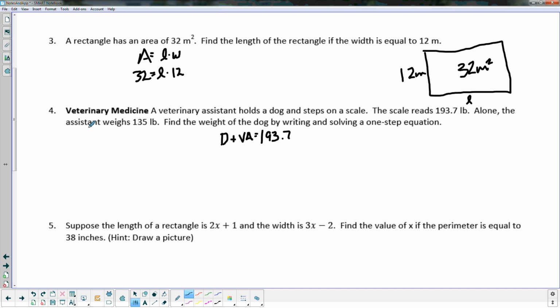Okay. Alone, the assistant weighs 135. So in this case, the weight of the dog plus 135 is going to be 193.7. And you'll just want to solve that equation to figure out what the dog's weight would be.